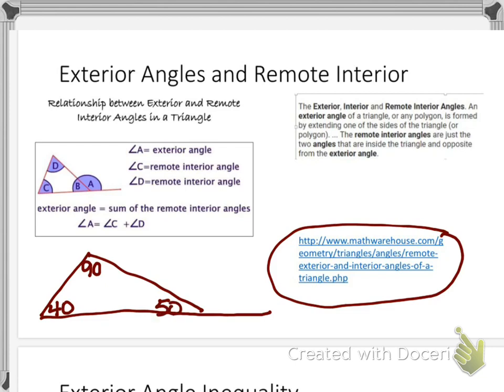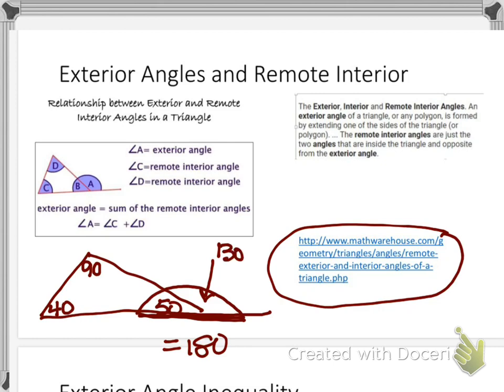A couple of things are happening. This angle, when I extend the side, I get a straight angle. That's a straight line. That means that 50 plus this other angle right here is going to equal 180. So this angle that I'm pointing to equals 130.